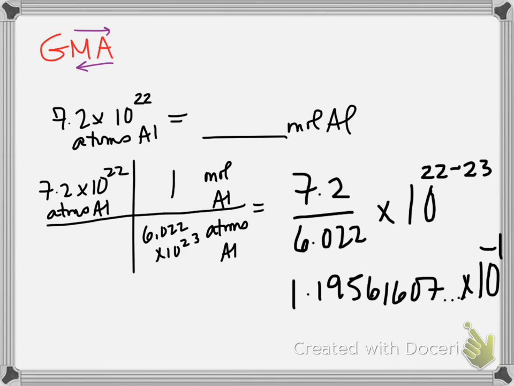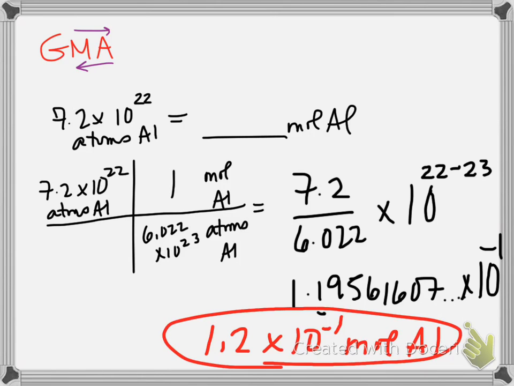But we do have to get it down to how many sig figs? Becca, 2. So we're going to keep this. So what does this become? 1.2 times 10 to the negative 1 moles of aluminum. So basically 0.12 moles of aluminum. Pretty small amount.